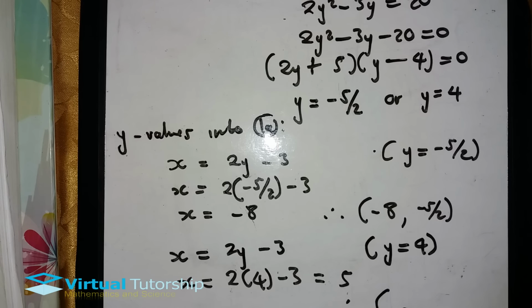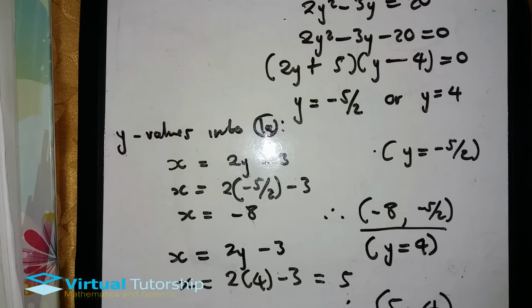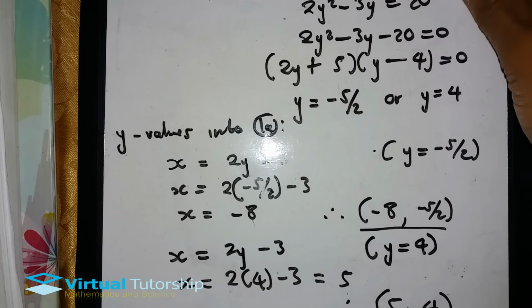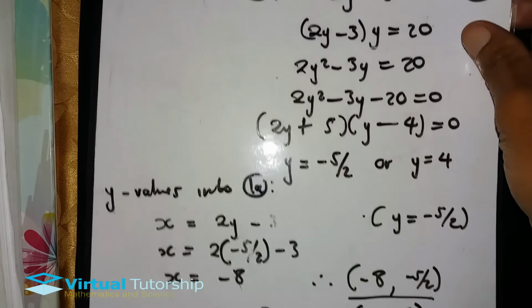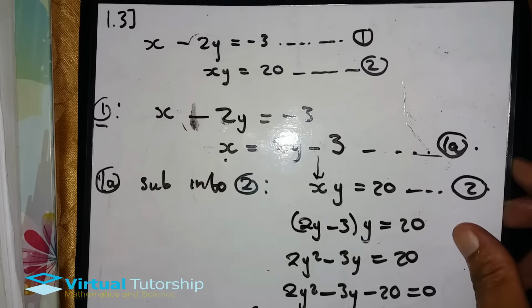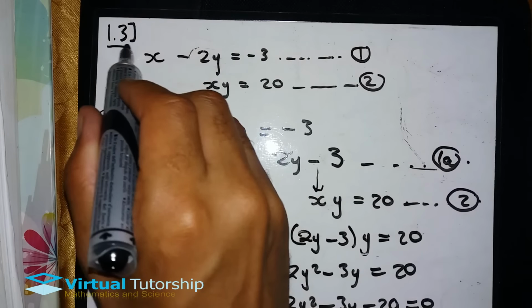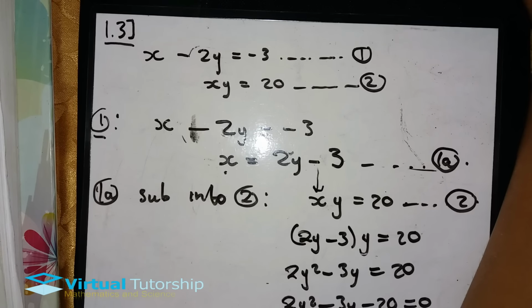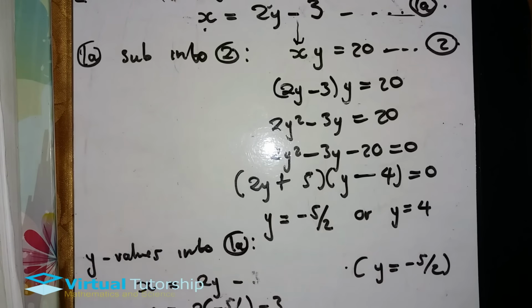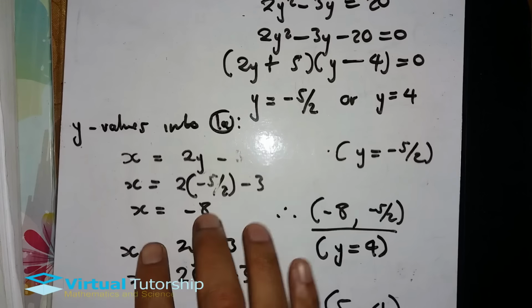Therefore my final answer will be 5 and 4. So now those are my solutions for this simultaneous equation. My solutions are these for the final question of 1.3. So our question 1 ends at 1.3, it ends with the simultaneous equation.